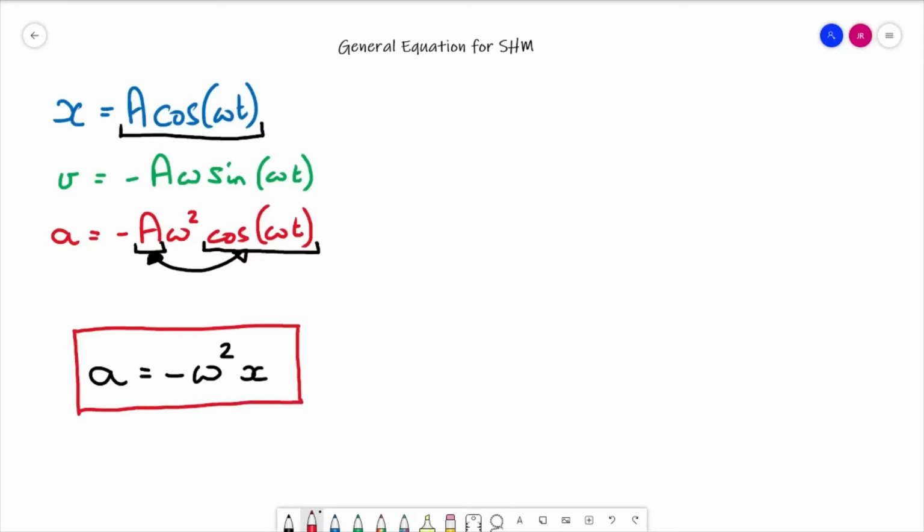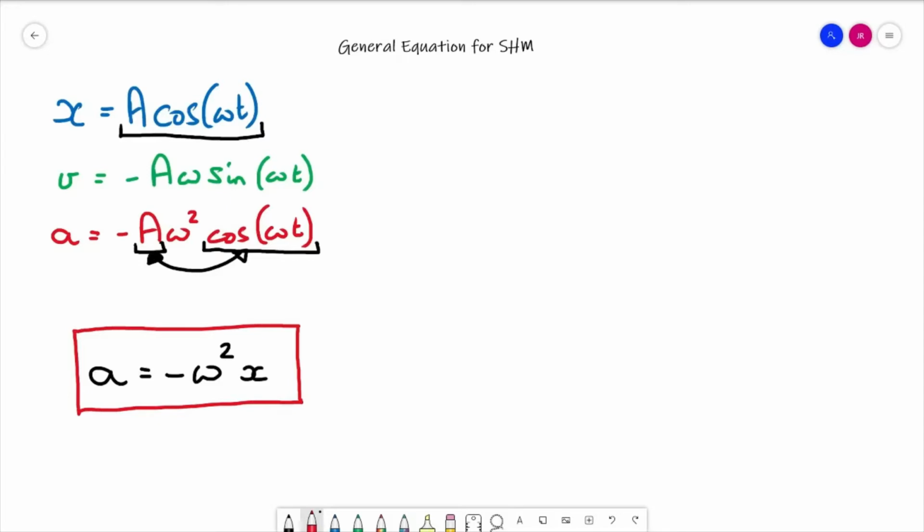Now as usual, this being a general equation, this applies to any simple harmonic motion system. Obviously we can then use that and do some derivation to determine a more specific equation for specific systems, and that's going to be the subject of at least the next couple of lessons and the next couple of videos. But as I said, any SHM system will obey that equation.